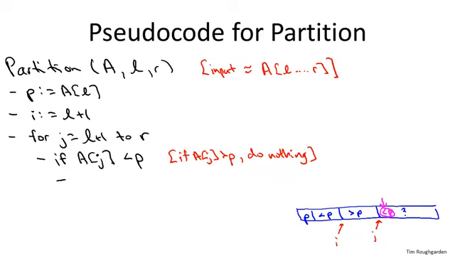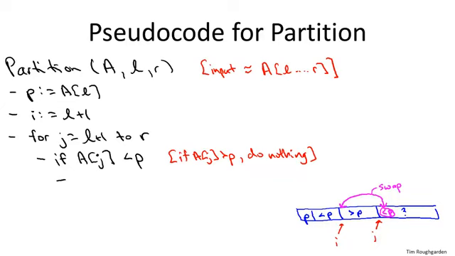The best way to do that is to swap this new element with the leftmost element that's bigger than the pivot. Because we have an index I, which is keeping track of the boundary between the elements less than the pivot and bigger than the pivot, we can immediately access the leftmost element bigger than the pivot. That's just the ith entry in the array.